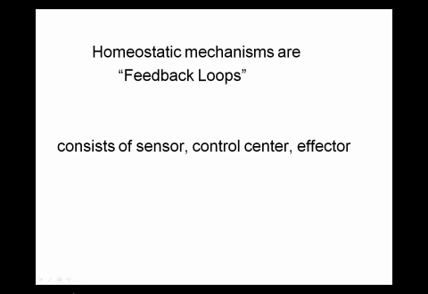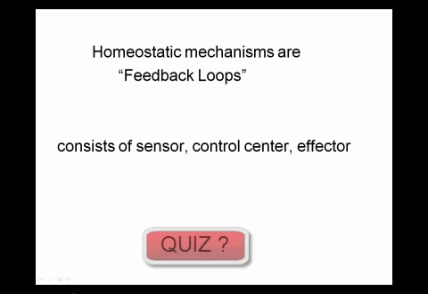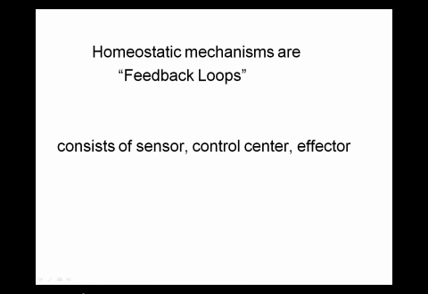Homeostasis is normally maintained through feedback loops. Feedback loops are going to monitor some condition. They consist of a sensor that's going to send information to a control center. The control center can make decisions then and activate an effector. The effector is going to be a nerve, a muscle, a gland, a hormone, something that can actually respond to the change.